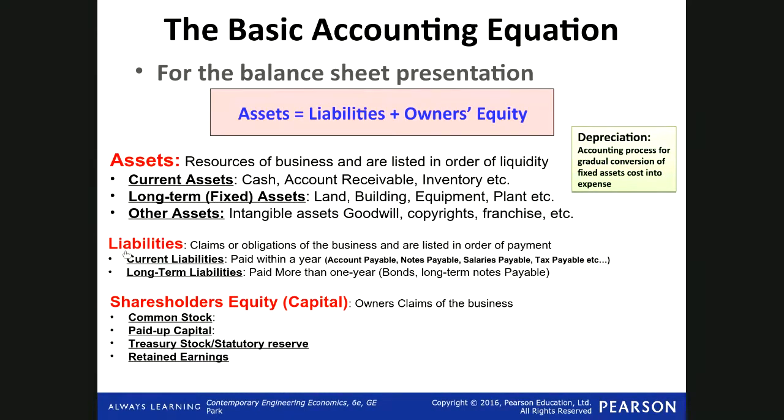Then we have long-term liabilities, which are any obligations you are going to pay after more than 1 year. It could be accounts payable, notes payable, bonds, or long-term notes payable. These are what we call long-term loans, loans which you will return in the next 5 or 10 years. And the last section is shareholders' equity, or capital, the owners' claims on the business.